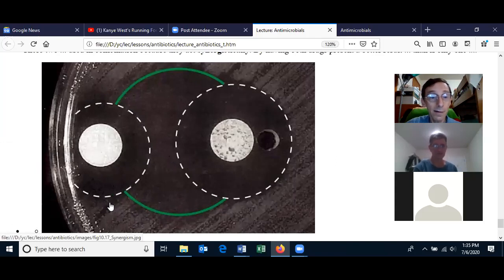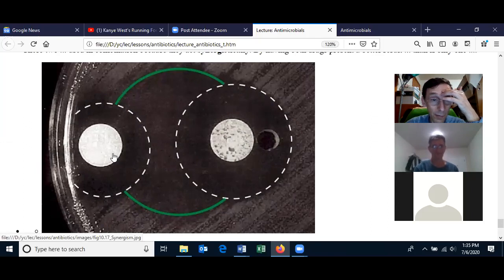So the white cloud is where the bacteria is, and the dark region is where there's no bacteria. And this would be, let's see, I said that's trimethoprim. So this would be one of the sulfa drugs, and I don't know what that is there, so we'll just look at this and ignore that. And this region here would be the zone of inhibition, the dotted line, for the sulfa drugs.